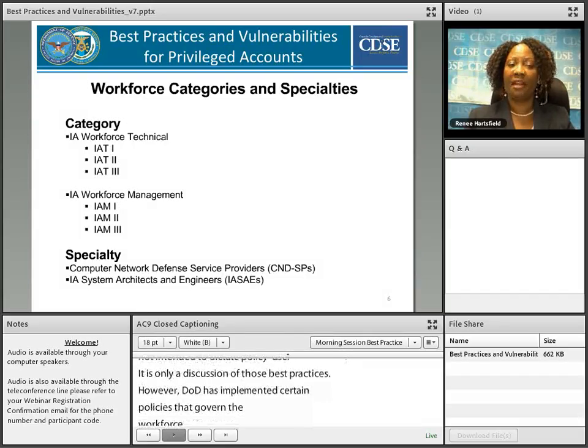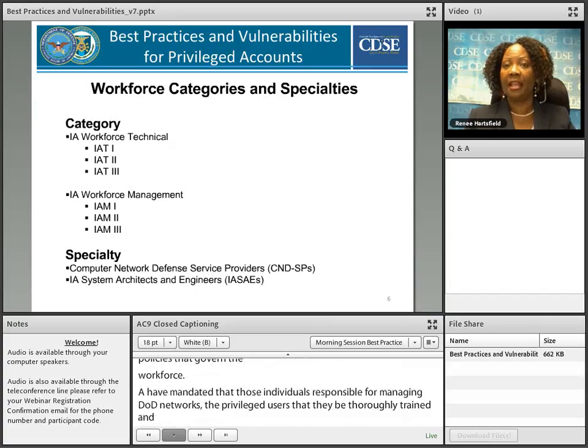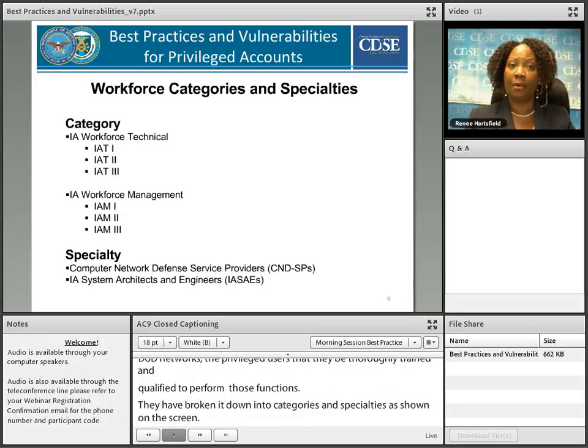They have broken down their IA workforce into categories and specialties as shown on the screen. Within those categories, they have further broken down into technical and management. Both their IA technical and management workforce categories each have 3 levels.